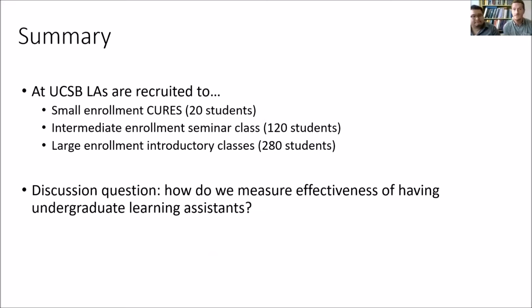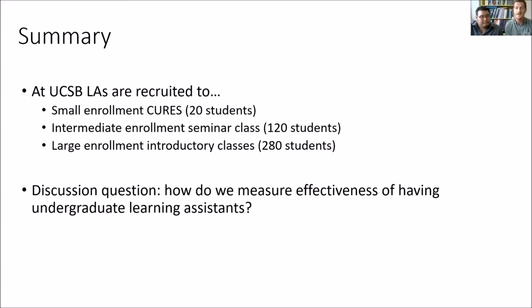So what we've shown you, in short, is that at UCSB, based on the Biomentors HHMI-funded grant, we have undergraduate learning assistants that are typically juniors and seniors who have been academically successful, who act as near-peer learning assistants for small enrollment courses like our CURE, which only has about 20 students in it, for intermediate or larger scale courses like our seminar classes at the freshman level with about 120 students, as well as our large enrollment 280-student intro bio course.